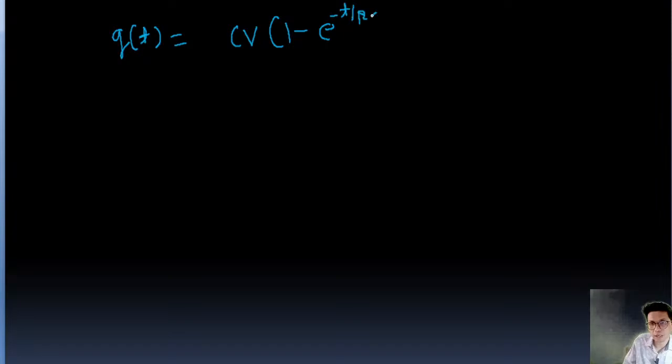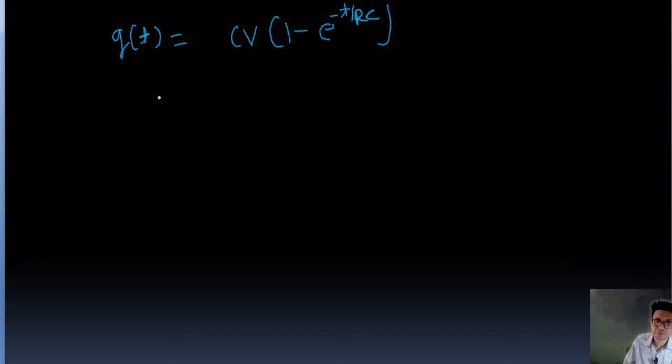So first, guys, we have a formula, right? I have already explained it in my previous lecture. Q of t is CV into 1 minus e to the power minus t upon RC. Okay, this we know.